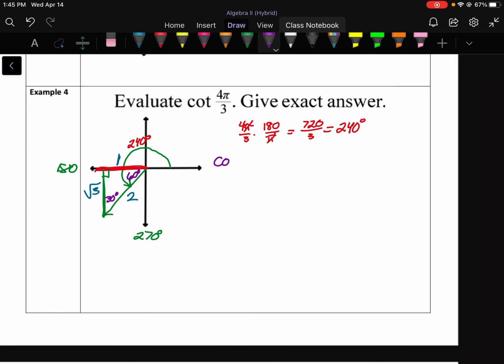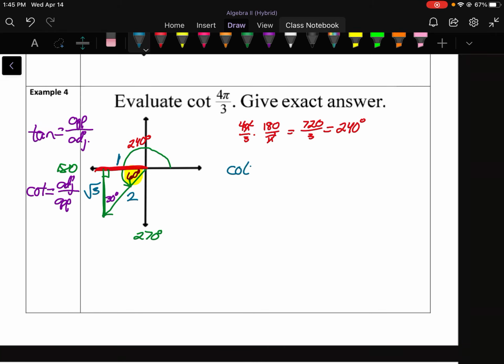Now, cotangent is the same thing as the opposite of tangent, basically. So let's start with that. Tangent is opposite over adjacent. So that means that cotangent would be adjacent over opposite. And remember, you always go from your reference angle there.